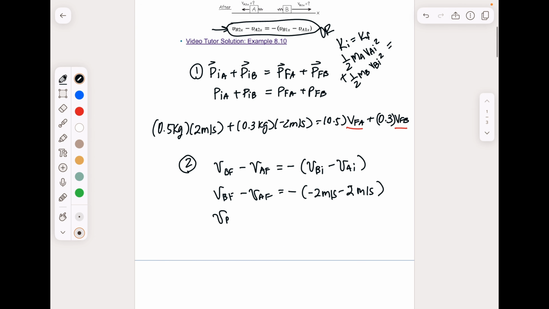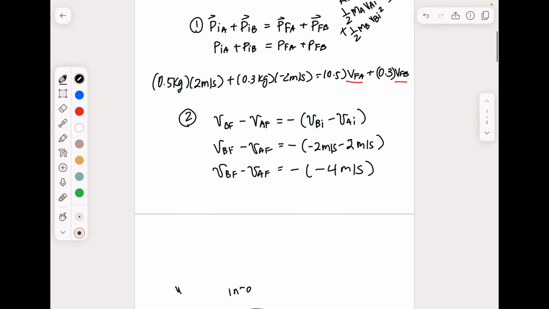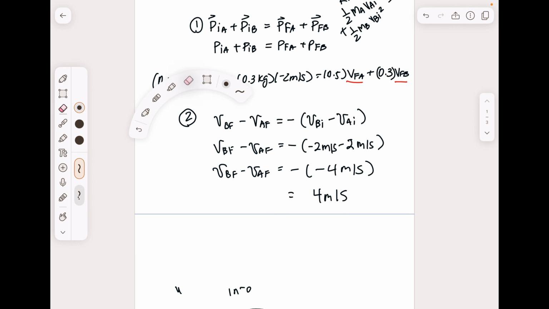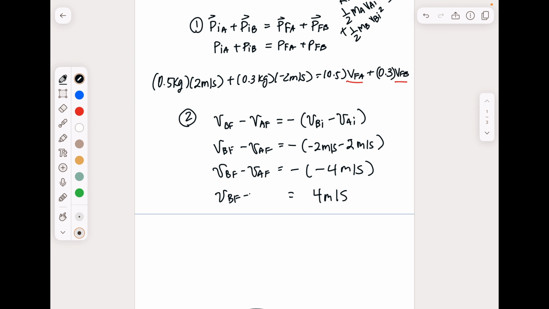So we know that the difference between the velocities should be constant, which is 4 meters per second. So this gives us another linear equation with the two variables that we're looking for.